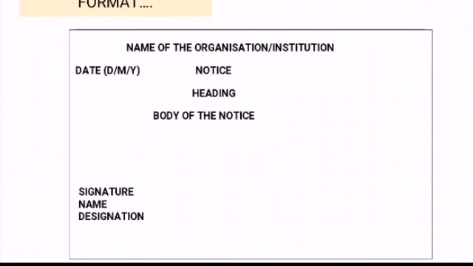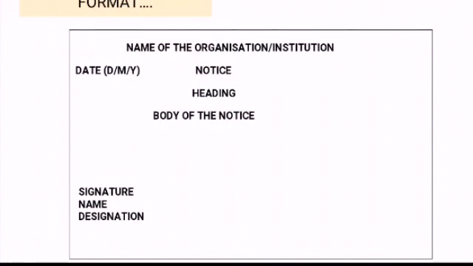And in the same line, in the middle, you have to write the word notice, and this also needs to be written in capital letters. Now, after leaving a line, you have to write the heading or the topic, and again this also you need to write in capital letters. Then after this, you need to leave a line, and you will start the body of the notice.